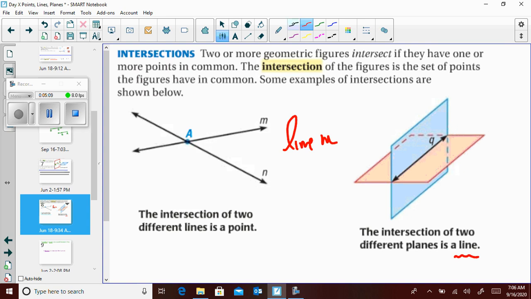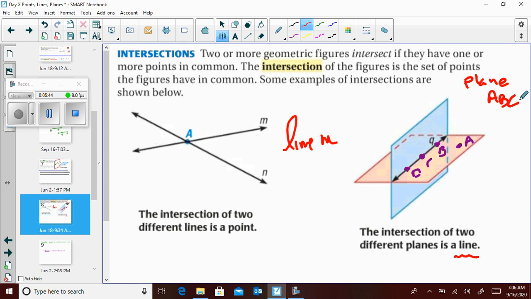That is why, let's review, that is why you cannot have three collinear points to name a plane. Which plane are these 3 points on? Are they on the blue plane or the red plane? Exactly, they're on both. That's not going to help us. So if we want to name the red plane, we'd have to take A, B, C, D. The red would be plane A, and then any two of these.